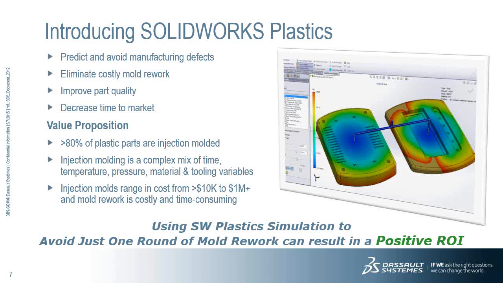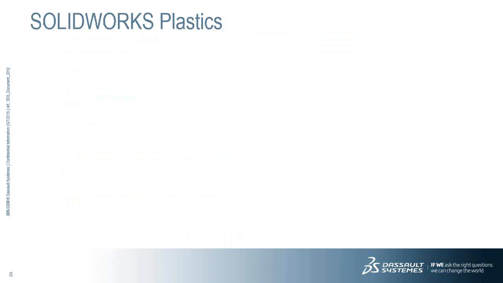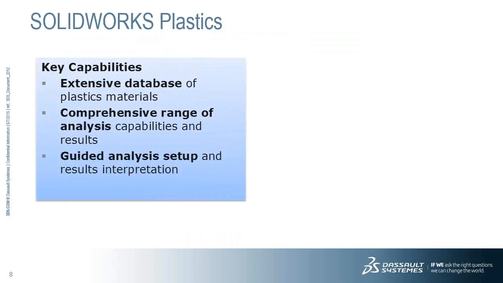So when I say SolidWorks Plastics, what are those key capabilities? We are going to see that in the next slide. An extensive database of plastics materials means we probably have the materials our customers are using. That may depend on the family of the polymers, the blends, and the suppliers, so many materials.